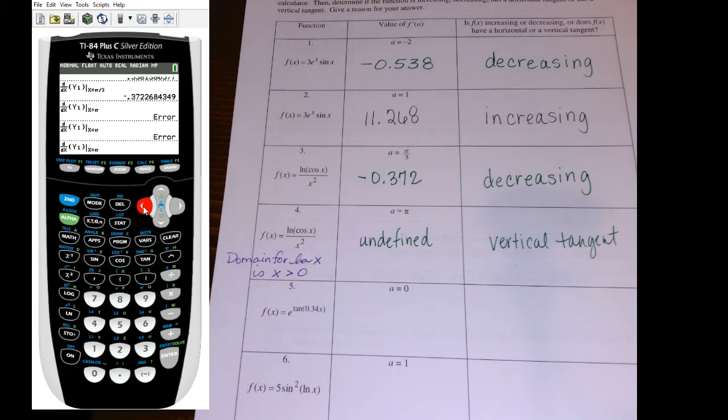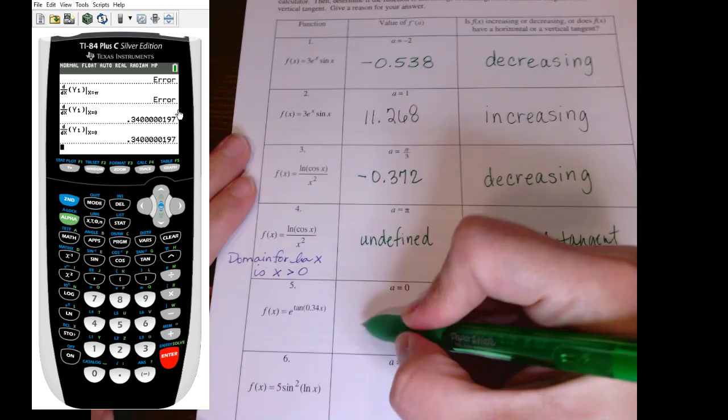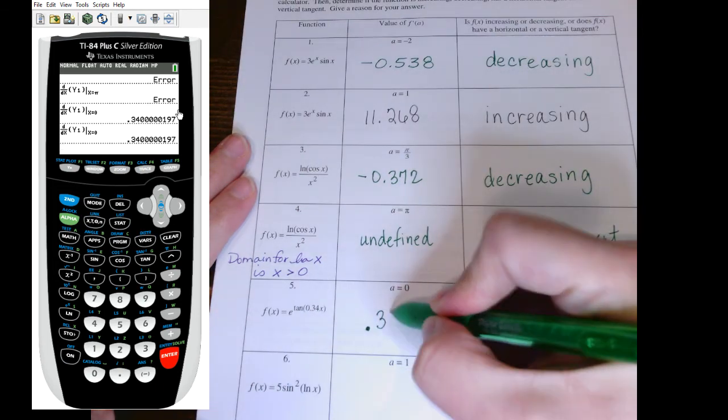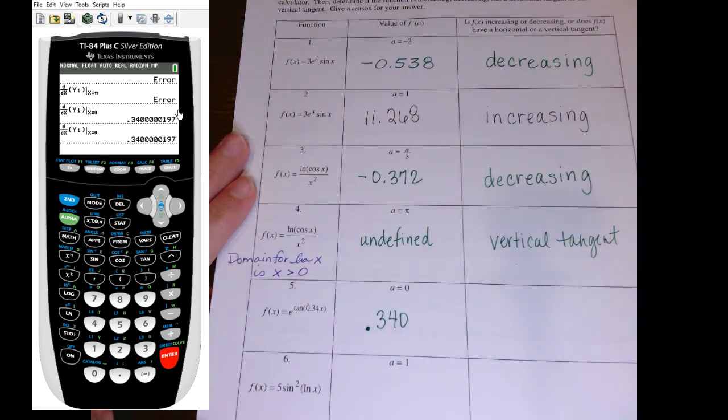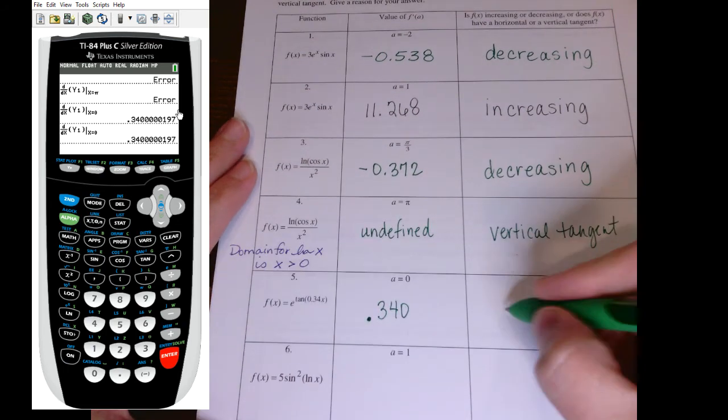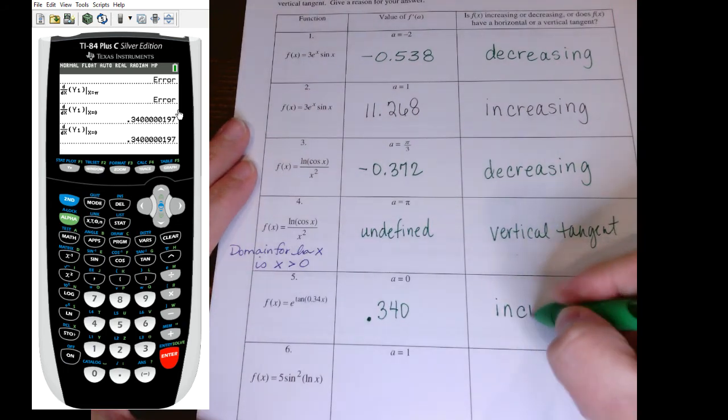And I'm looking for the x value of 0. So I typed that in. Let's see what I get. And I get a nice value, right? This time I got 0.340. That's positive. So I know that this function is increasing.